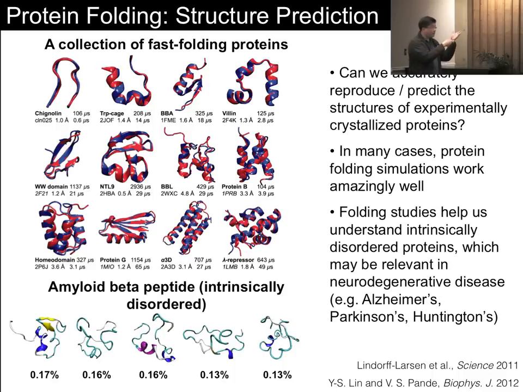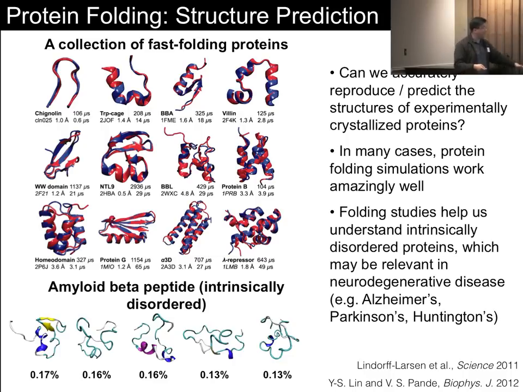That includes predicting the structure of a folded protein, and also the pathways by which the protein goes from an unfolded structure to a folded structure. So structure prediction is, can we accurately predict the structures starting from an unfolded structure.